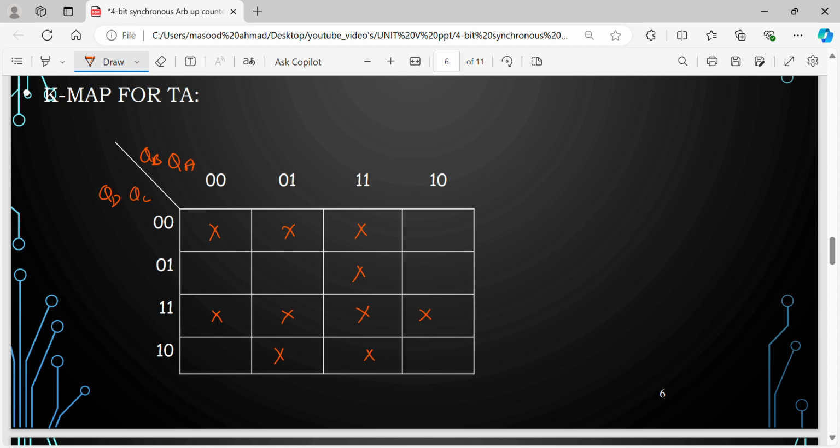Putting all together, how much should it be totally? 10. So how much should be vacant? This is 4, 4, 8 plus 2, 10.